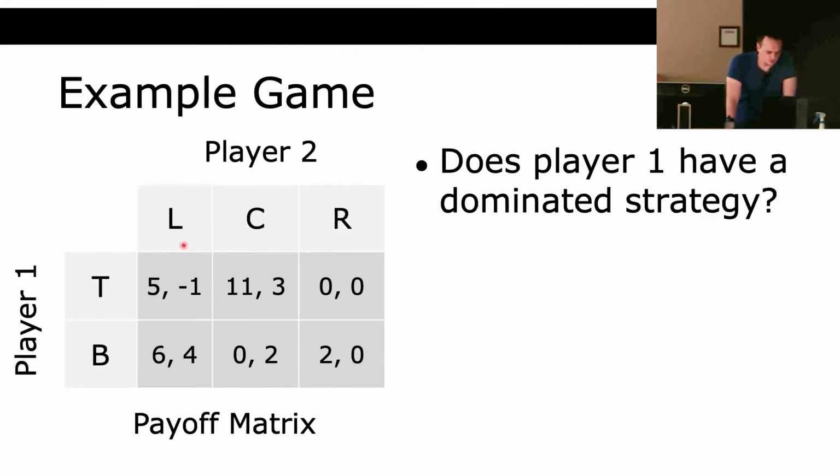If player 2 chooses left, then B is best. If player 2 chooses C, then T is best. If player 2 chooses R, then B is best. So nothing is always better given everything that player 2 could do. So no, player 1 doesn't have a dominated strategy in this case.